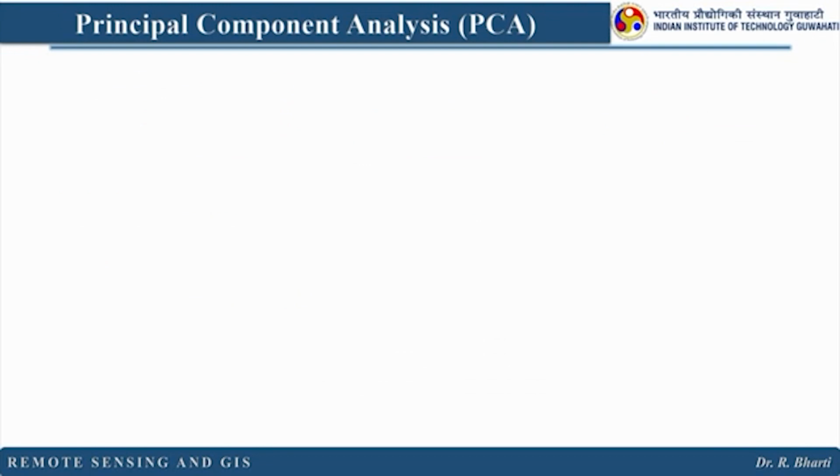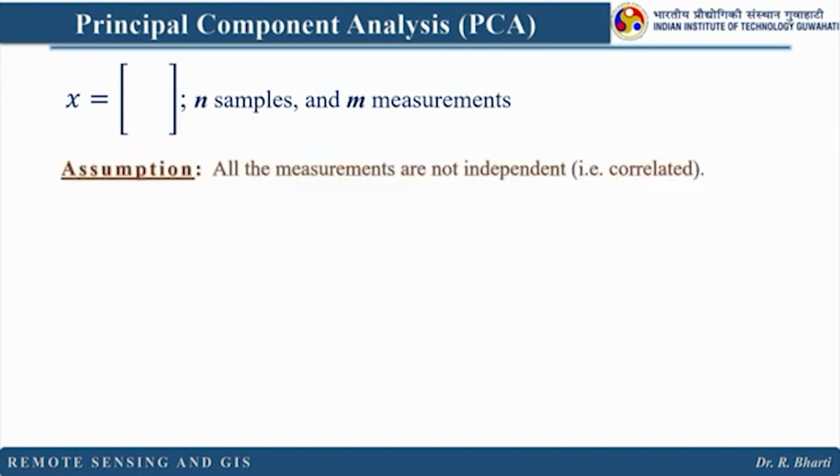Again, let us go back and start with matrix X, where you have N samples and M measurements, and here we assume all the measurements are not independent. That means we assume that images captured in different wavelengths have some kind of correlation, and that we want to remove.